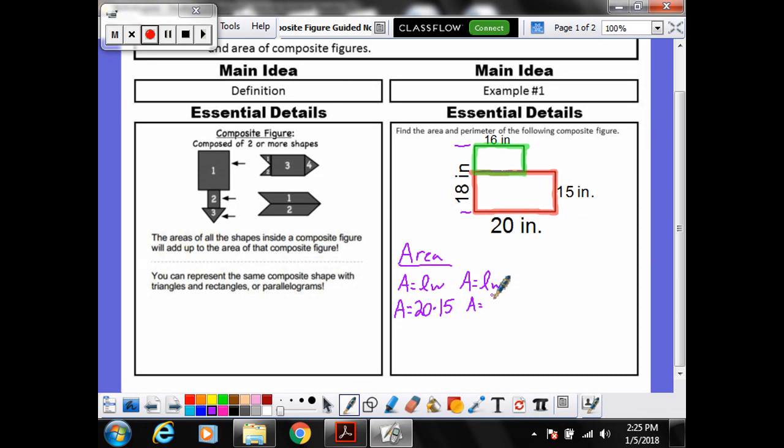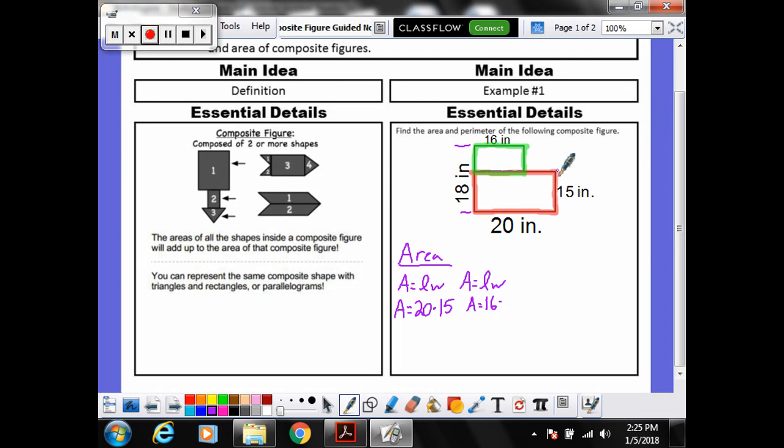Now when I look at the green rectangle, I have a length of 16, but I don't have my width. That's where this 18 can come into play. I know that from here to here is 18, but I don't know what this little distance is. With the green and the red added together, we get 18.